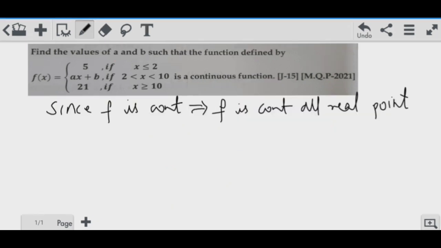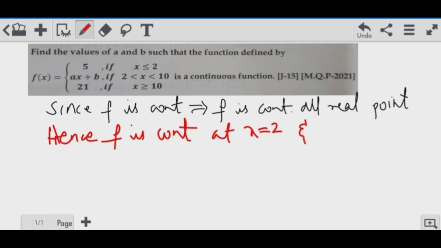Since f is continuous, this implies f is continuous at all real points. Hence f is continuous at x is equal to 2 and it is continuous at x is equal to 10.